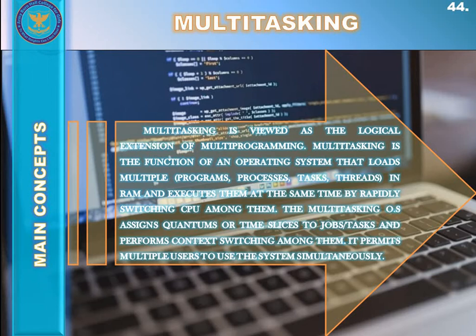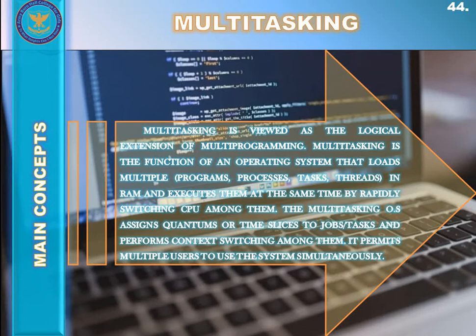Now this is what the CPU would do. The CPU would attend subtask 1 of that program, then subtask 2 of that same program, then subtask 3, then subtask 4 of that same program.